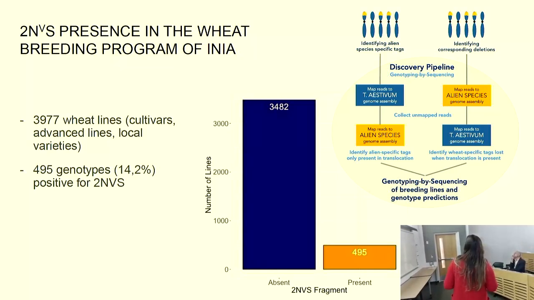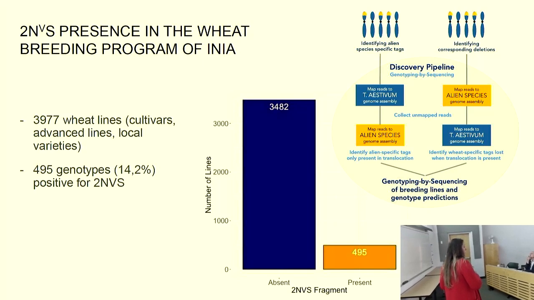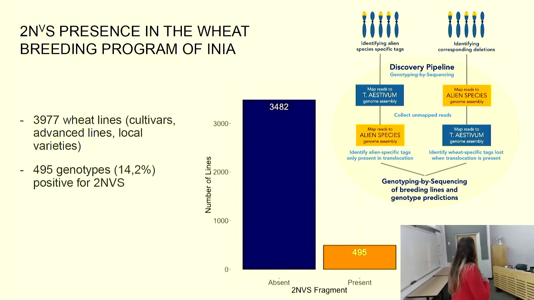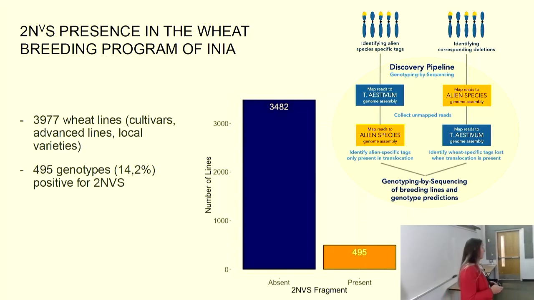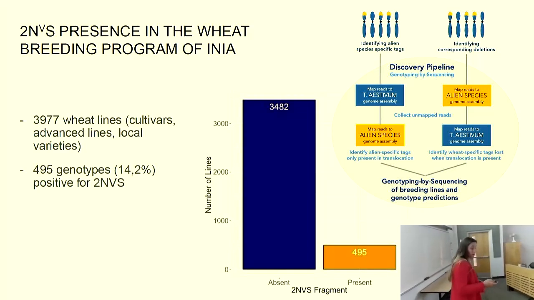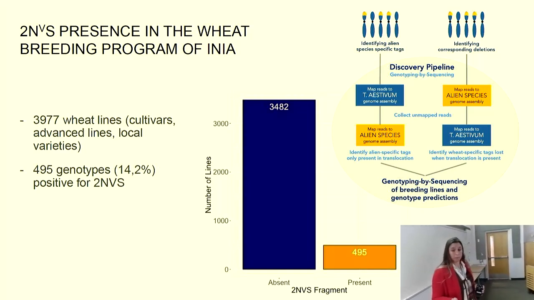But it also gives us a lot of opportunity to screen this germplasm and see if some of these lines that don't have the 2NS show resistance. Because right now there is not a lot of good resistance out there, at least in the primary pool, right?